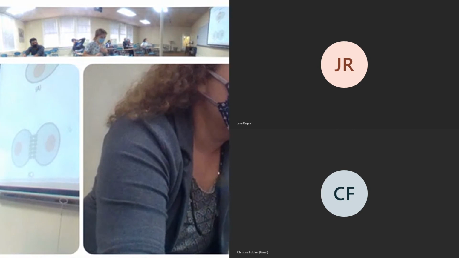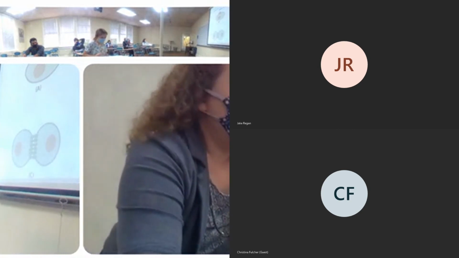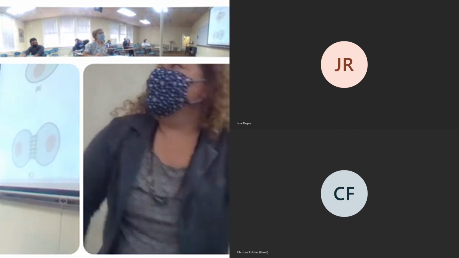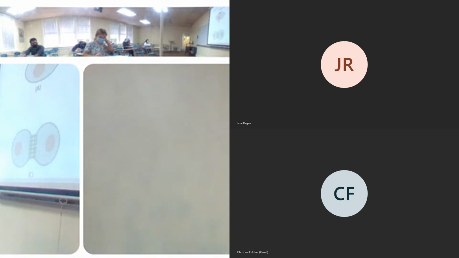I want to talk about this concept. So if a protein doesn't have anything to hold it in a certain part of the membrane, it will drift. It's not the proteins moving, it's the lipids moving past it.